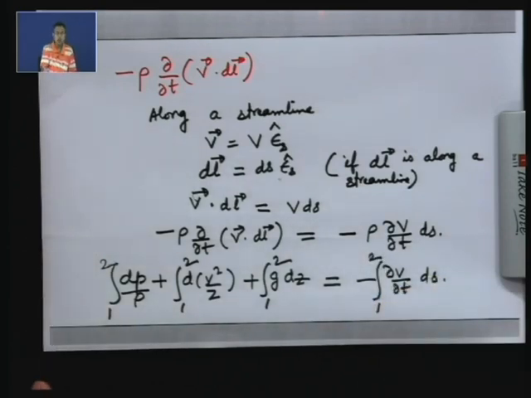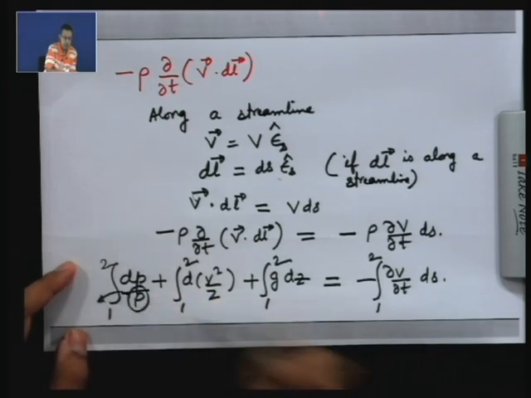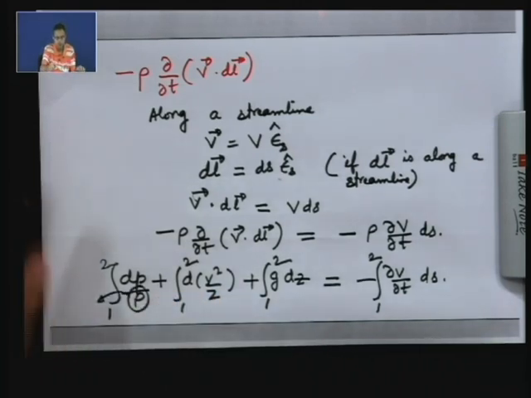This is another version of Bernoulli's equation if you take rho out of the integral, and that we will write now.